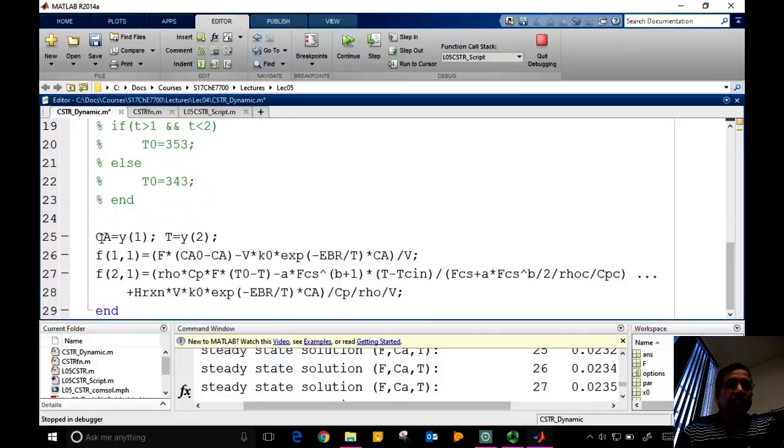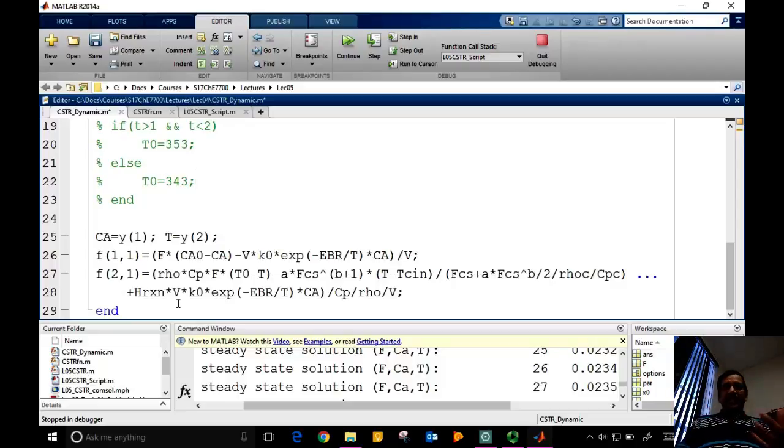So these 4 lines are exactly the same lines we had for fsolve, right? So now you need to ask yourself, how can the same function, when fed to fsolve, finds the value of the variables where the function is equal to 0, and when fed to ODE45, helps in constructing the solution.